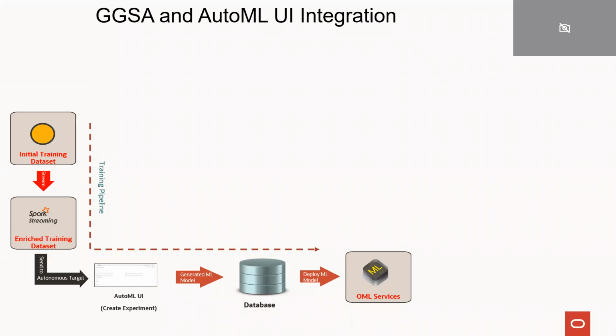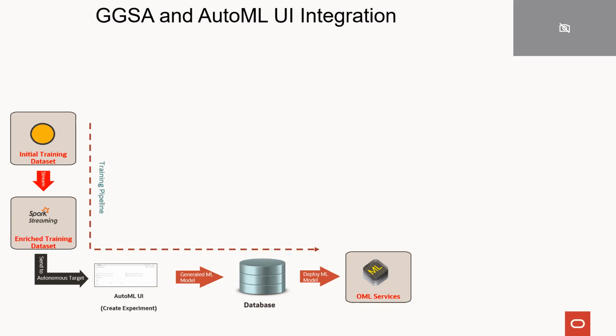The data might be unbalanced. You can, maybe if you have 200 attributes, maybe you don't need to use all the 200 attributes, maybe trim them down to 20 attributes, enrich that data, then send that data to AutoML UI, something called create experiment.